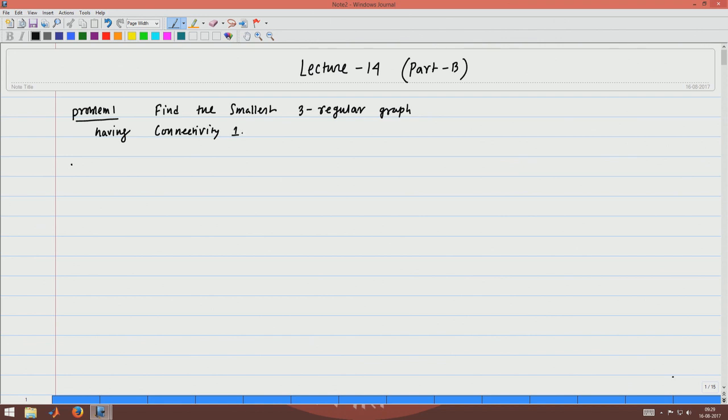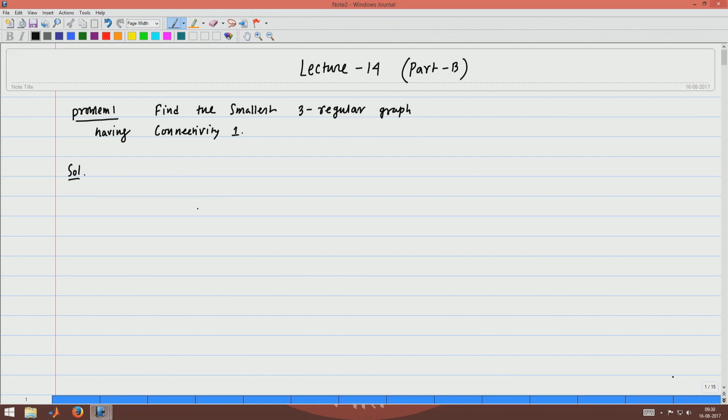So, you try to construct a graph which is three regular. Three regular means every vertex has degree 3 and connectivity 1. That means you need to remove at least one vertex from the graph to make the graph disconnected. You try to construct such a graph and then look at the solution.